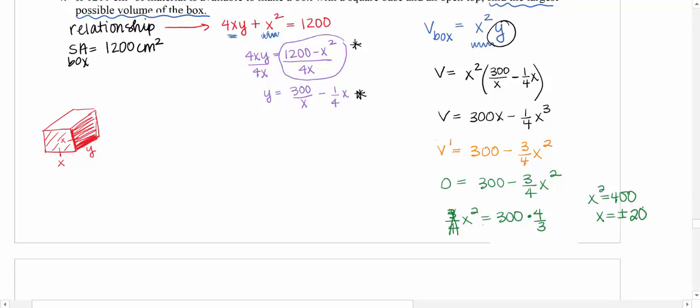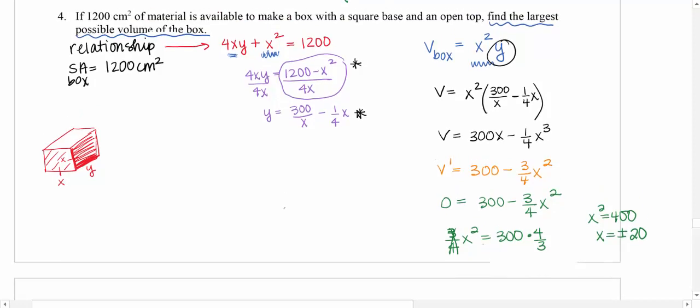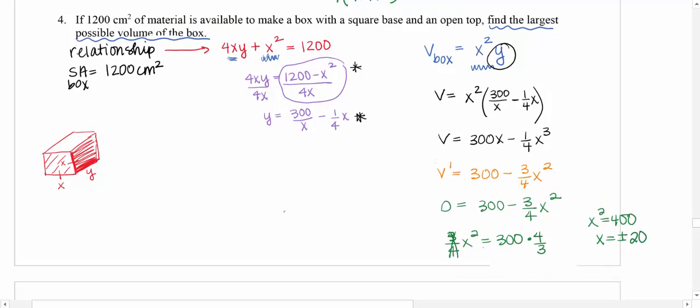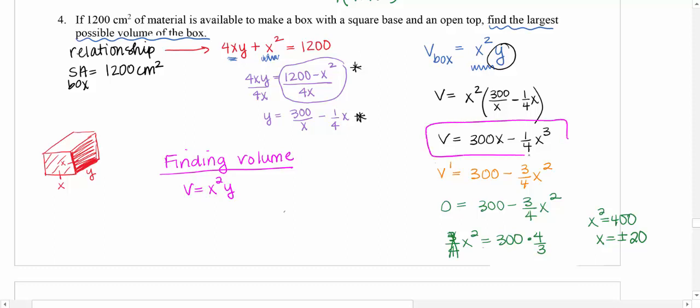And so I want to make sure I'm answering the question here. It says find the largest possible volume of the box. So I'm not finding the dimensions, I'm finding the volume. Well, my volume equation was x squared y. Or you could go back to this 300x minus 1/4 x cubed if you just wanted to put it in there.